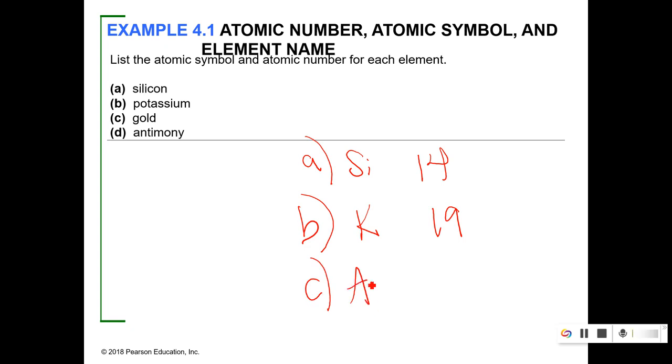Gold is Au, and that is 79. And antimony is Sb, and that's 51. So it's going to take y'all some time to get familiar with it, but you're going to need to be familiar with the periodic table because questions like these should be super easy ones.